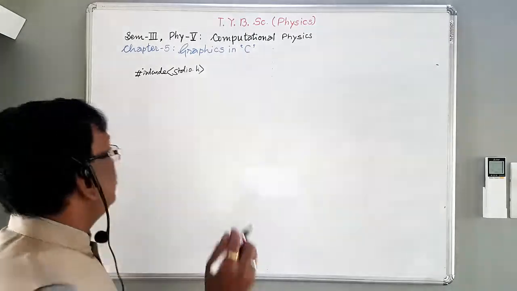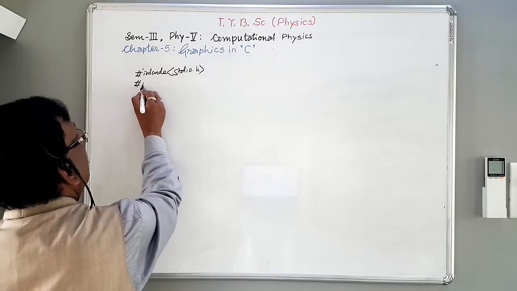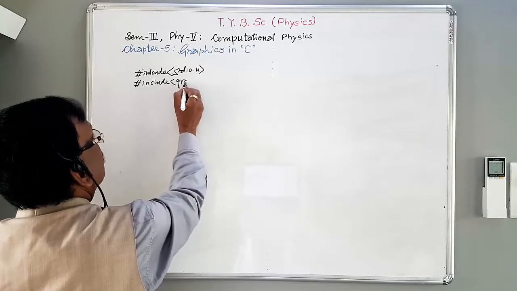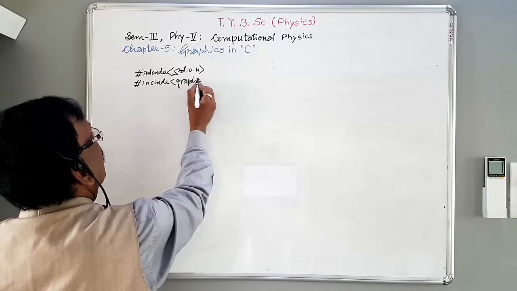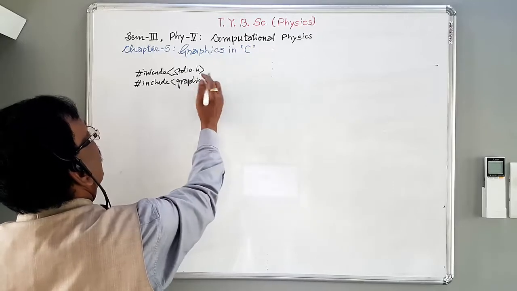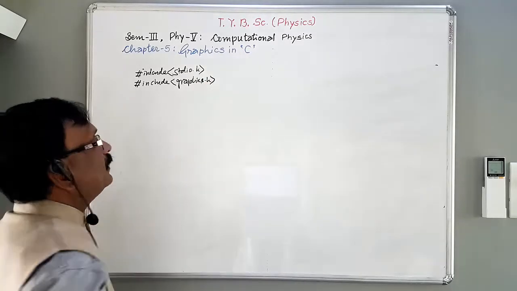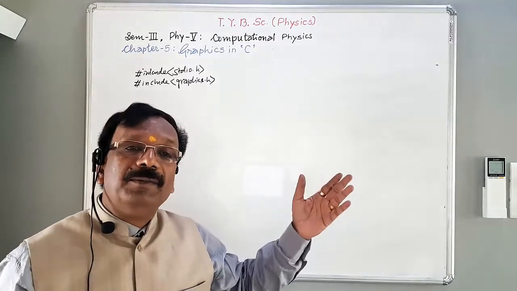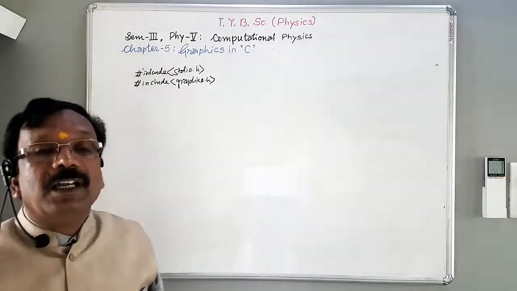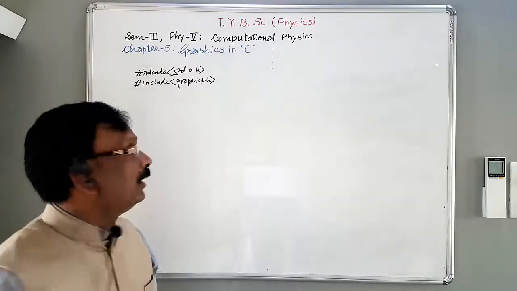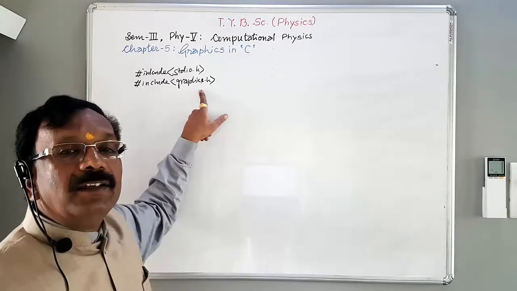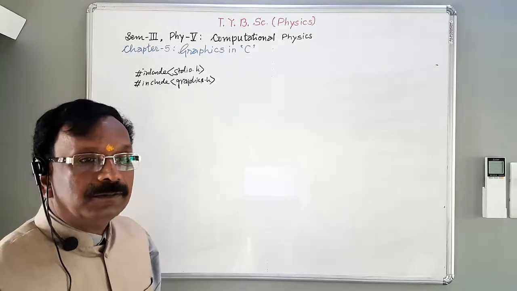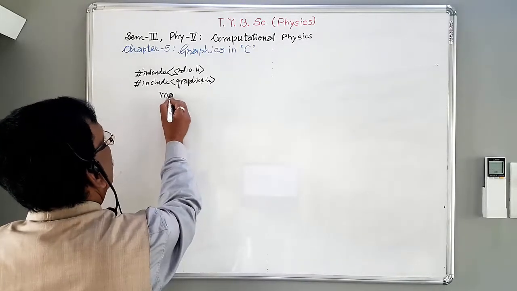Remember that in graphic mode it is essential to include graphics.h, that is, we have to bring the graphic file from the C library and put it in the current path or current directory. If this file is not included here, then your program will never execute and run. Okay.